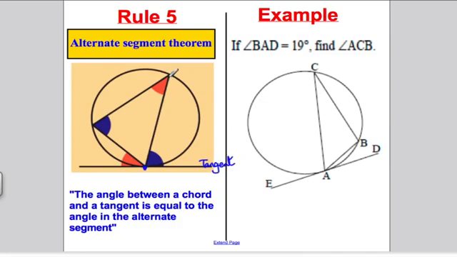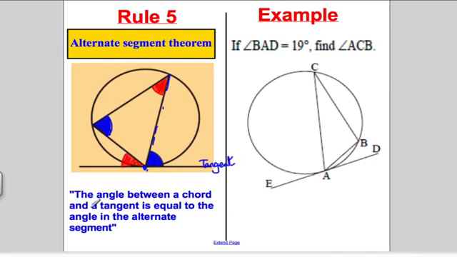When a tangent meets a chord, and remember a chord is a line that cuts a circle not going through the center, then the angle the tangent makes with the chord is equal to the opposite angle in the resulting shape, is equal to this angle here. And similarly, it works from the other side of it. The tangent meeting the chord this side, so this angle must equal the opposite angle in the resulting shape over there.